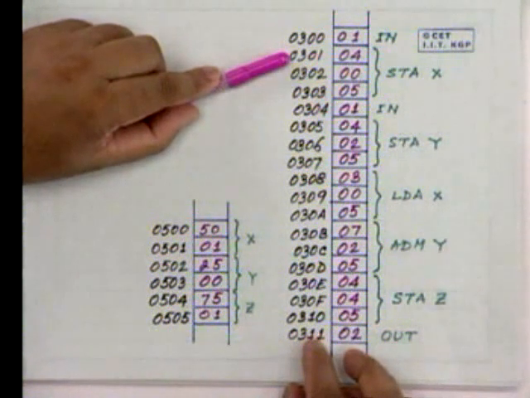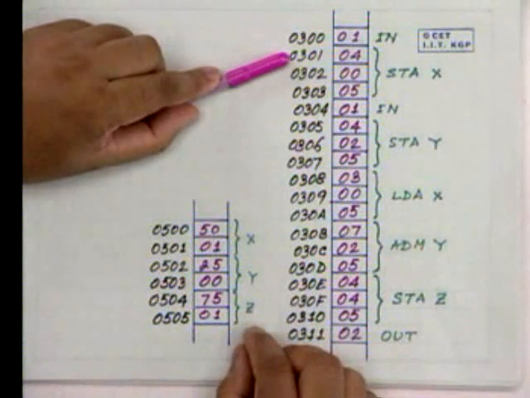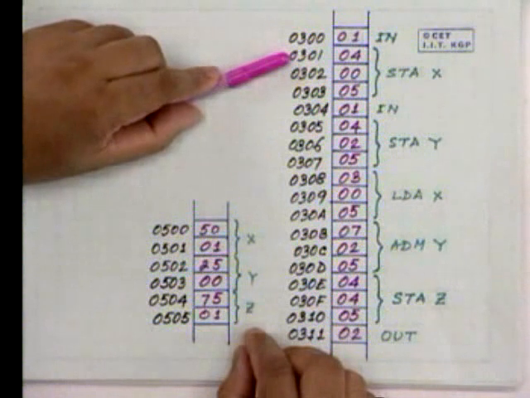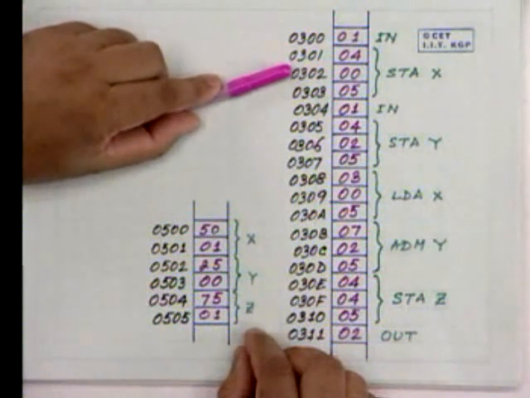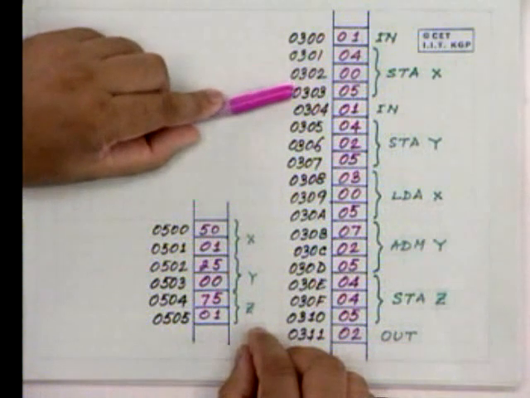The instruction is store accumulator X. Now the first instruction opcode is fetched, which is 04. As it is decoded, the program counter will be automatically incremented to the next value, which is 0302. Then the operand address is fetched from 0302 and then 0303.